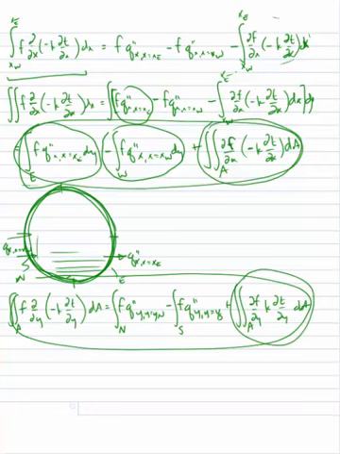And then I'm left behind with integrals over the boundaries, right? This is basically the net heat transfer leaving the boundary. If I take this plus this, I have the net heat transfer leaving the boundary in the x direction. If I take this plus this, I have the net heat transfer leaving the boundary in the y direction. So totally I have the net heat transfer projected out leaving the boundary.